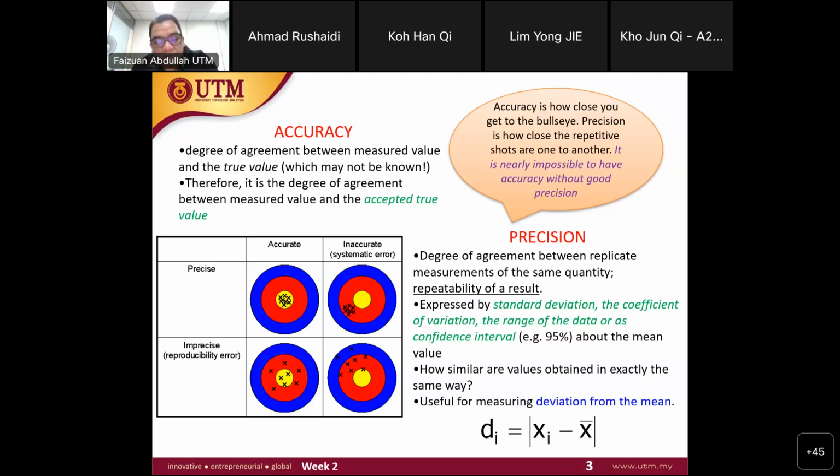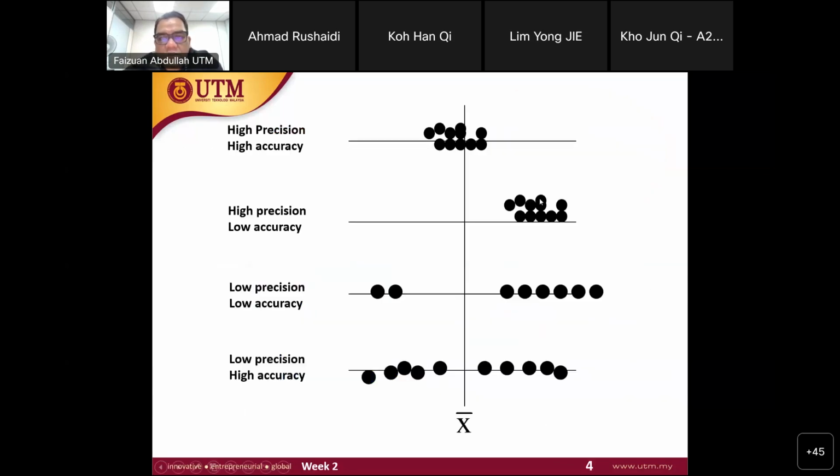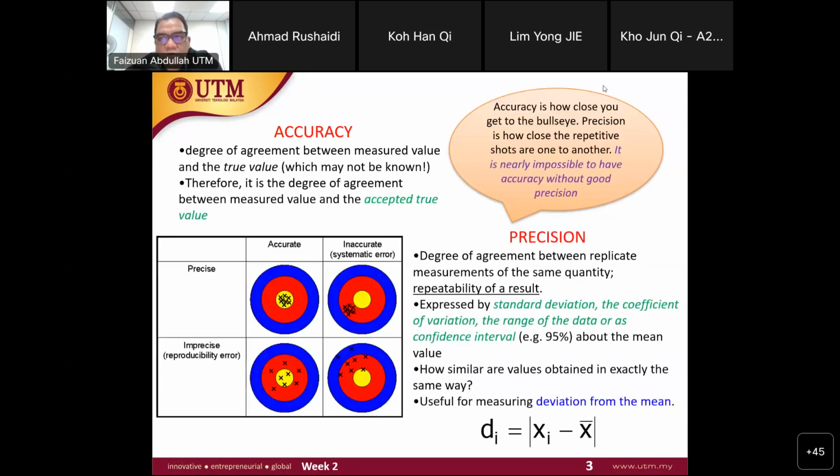For example, a heavy metal, say mercury. So we have a standard that has 10 ppm of mercury. Then we measure the value by our method in our lab for the mercury content, and see how much our analysis result agrees with the true value.